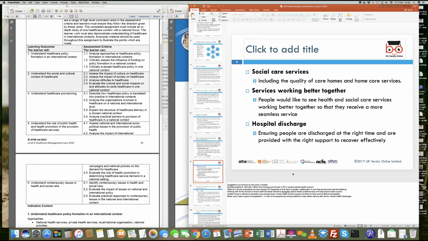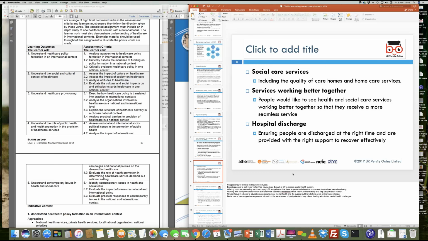Now, we also see one of the issues which they've identified is hospital discharge. That means people are not being discharged at the right time, and are not being provided the right aftercare required once they are discharged after a clinical procedure or an operation.